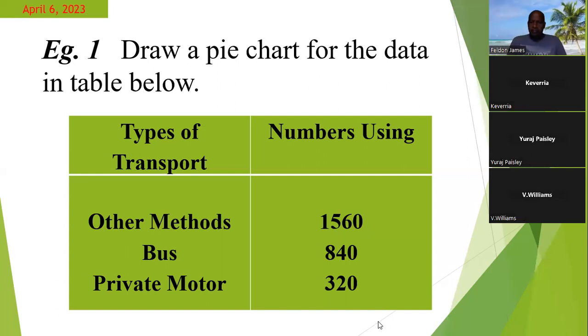Sir, I think basically when you divide them, the way we would have set it up is that the other motors would have a bigger portion of the pie than the bus and the private motor. All right, that is quite obvious from the table, but in terms of how would we calculate the angles representing those portions?